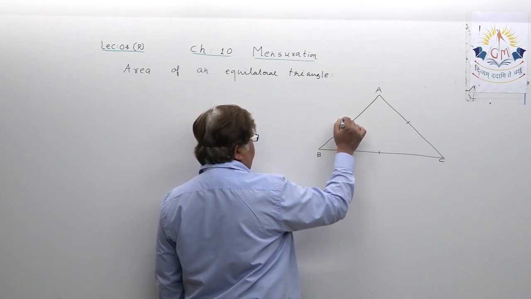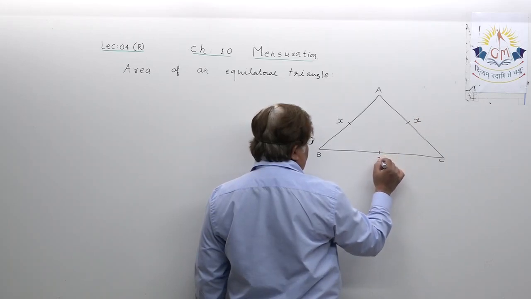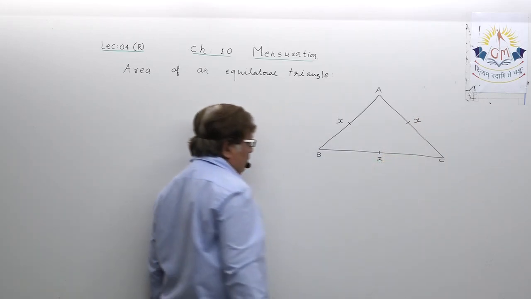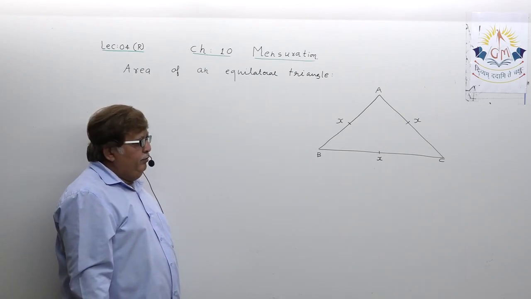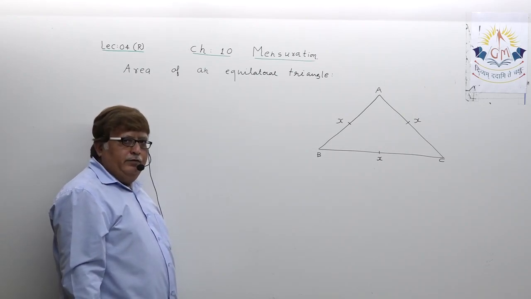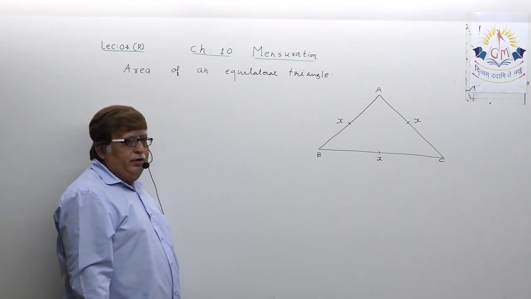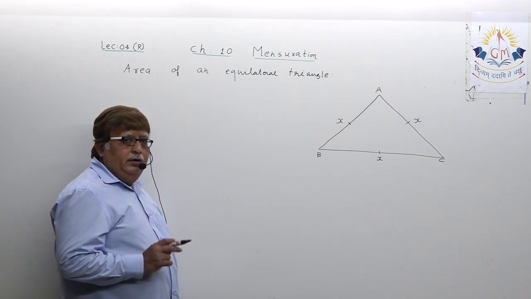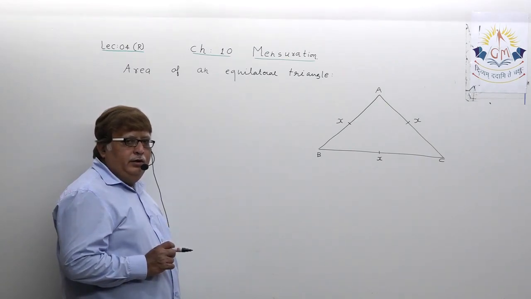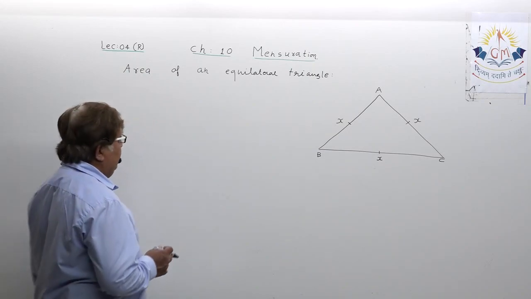Let us suppose them as x. All sides are equal and we have supposed them as x. And now let us try to derive the formula by Heron's formula for the area of the triangle.